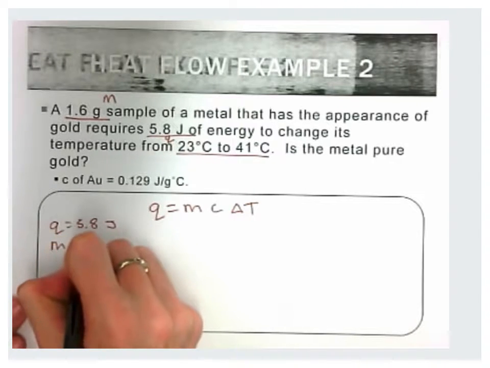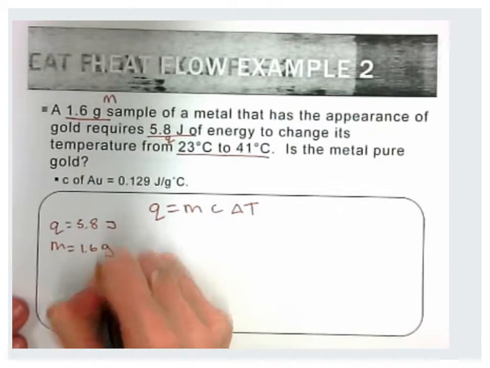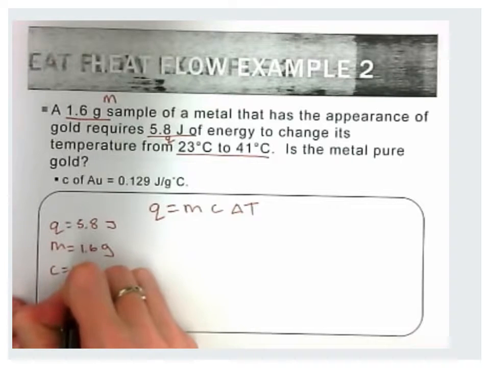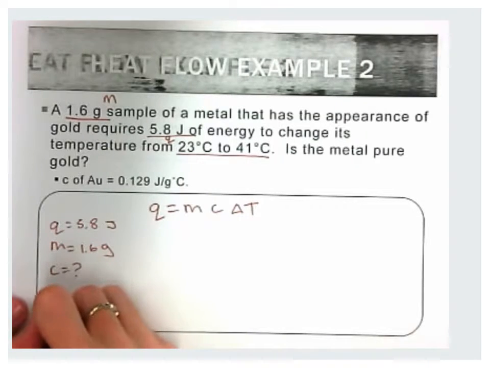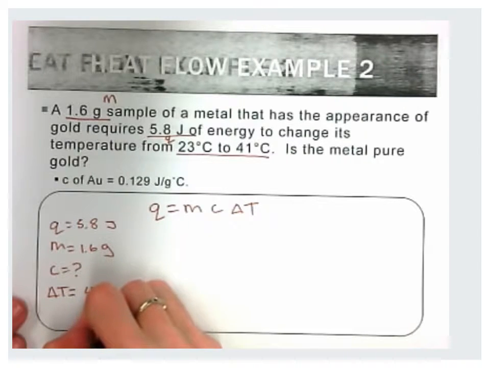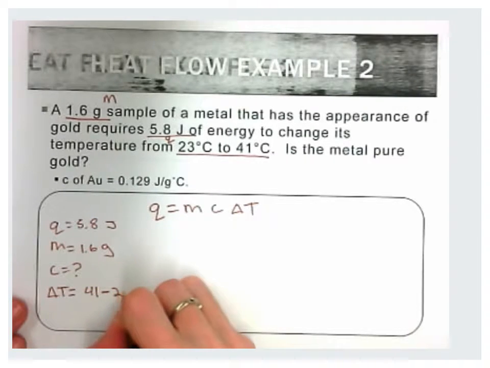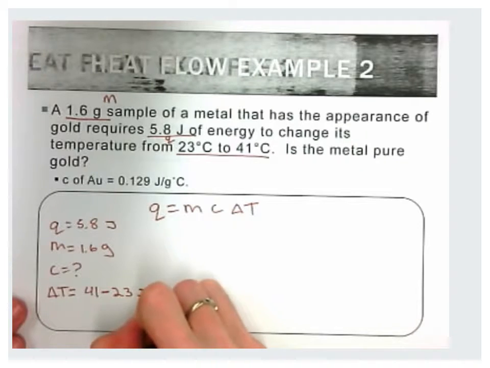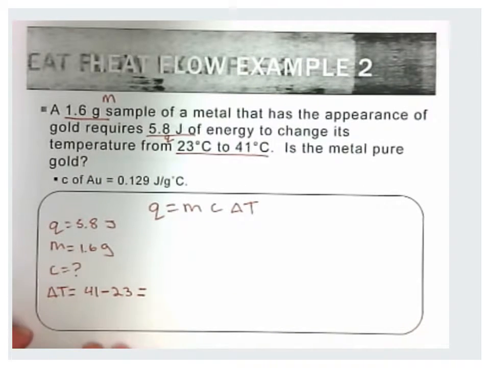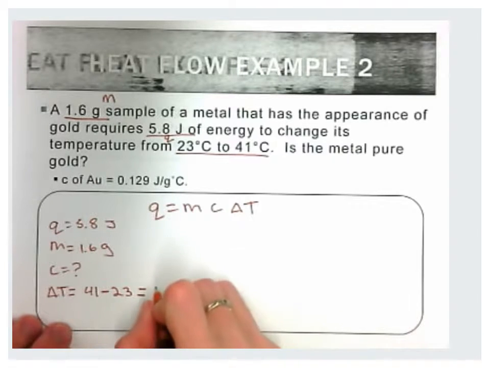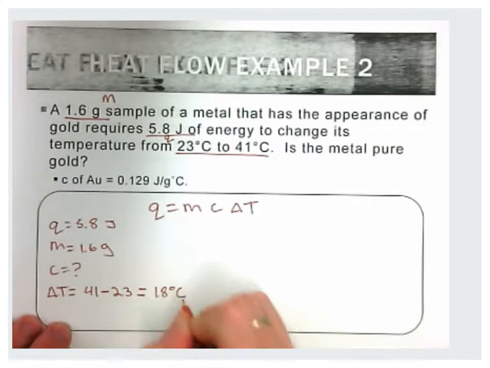M is 1.6. C is what I'm looking for. Delta T is 41 minus 23, which is 18 degrees Celsius.